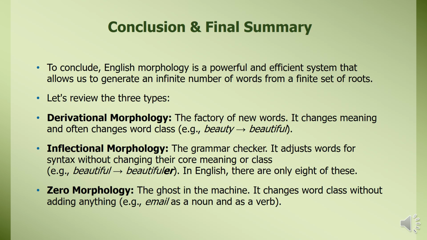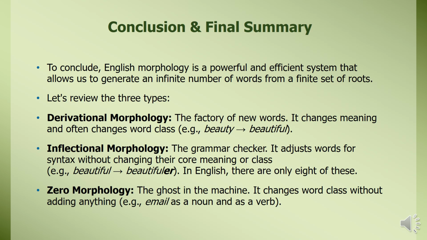To conclude, English morphology is a powerful, efficient system that allows us to generate an infinite number of words. That is why it was defined at the beginning as being dynamic rather than static. Derivational morphology is said to be the factory of new words.